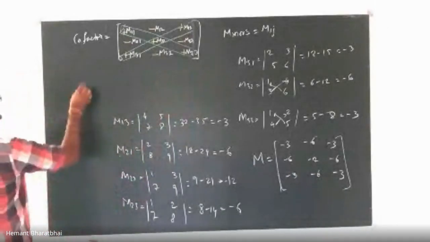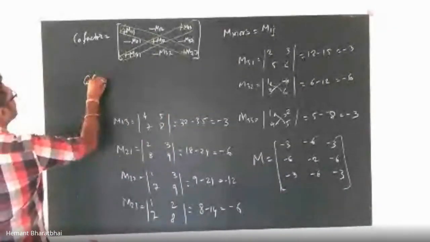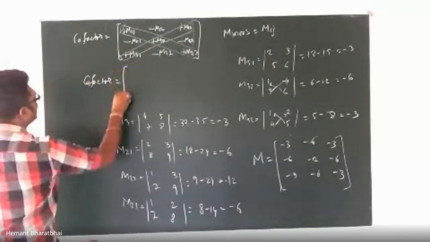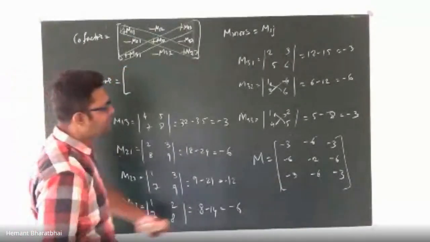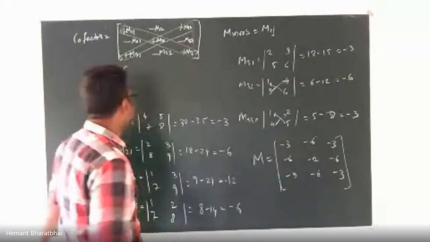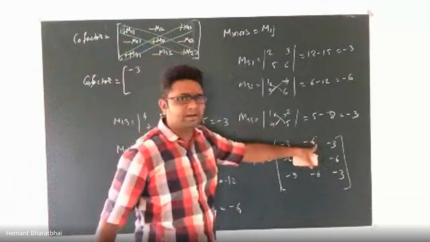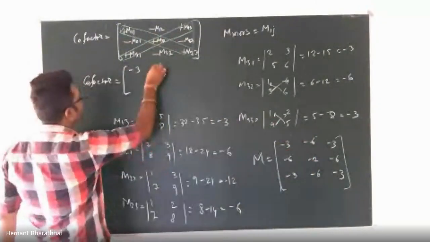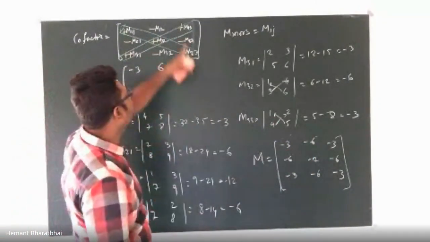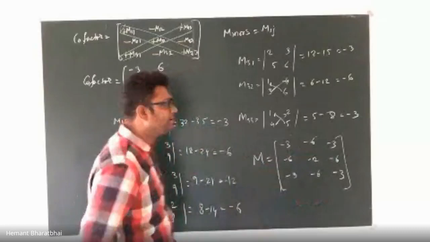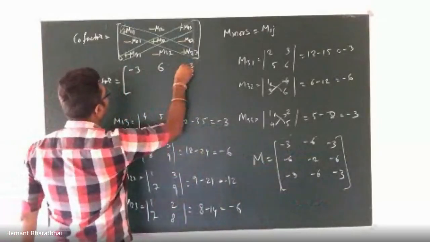Therefore, the cofactor matrix will be nothing but, plus minus is minus, so this will be minus 3. Then here I have minus and this minus 6, minus minus will become plus, so this will be plus 6. Then plus minus is again minus, so this will be minus 3.